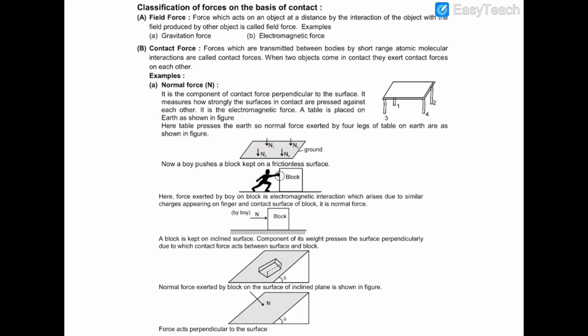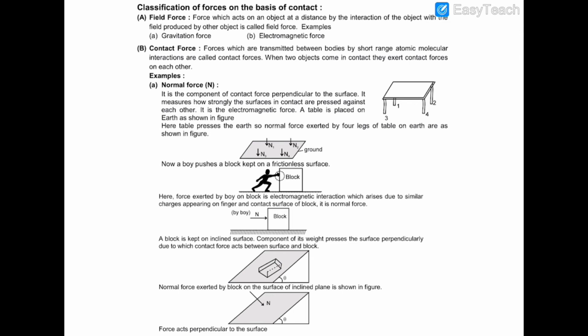You can see that anything in mid-air is experiencing the gravitational force of Earth. In fact, that thing is not in contact with Earth, although it is experiencing its gravitational force, which means that gravitational force does not require any contact for acting.